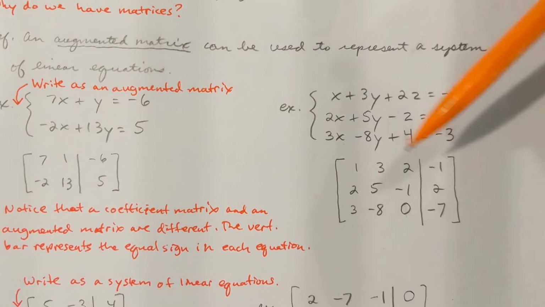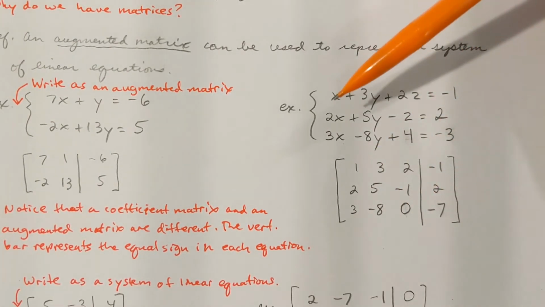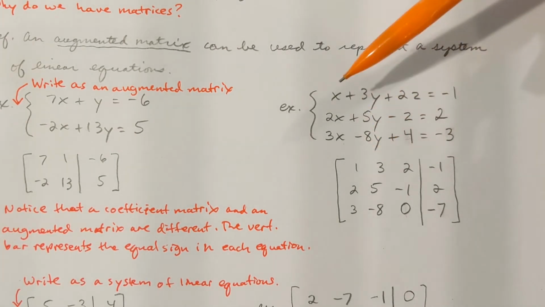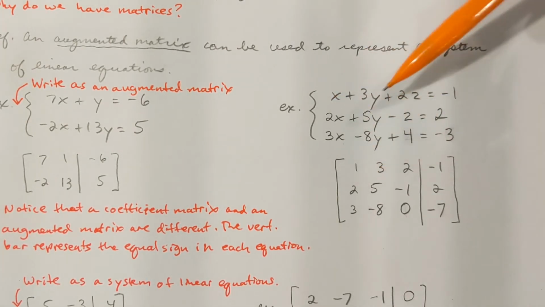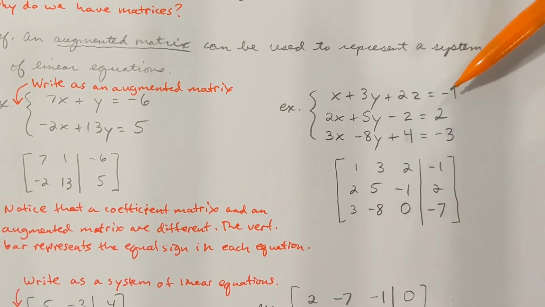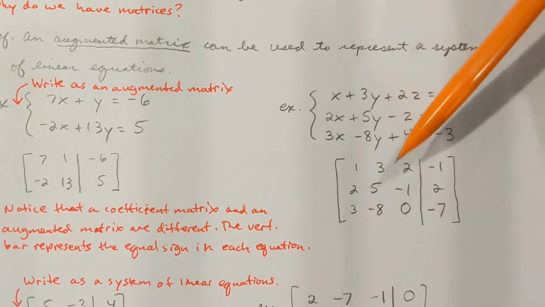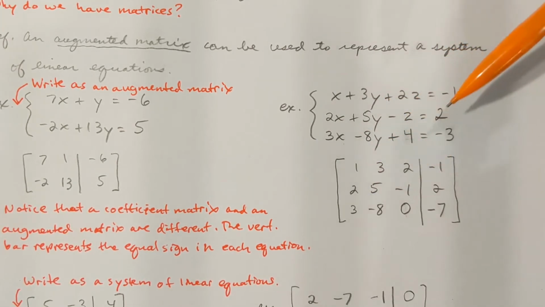I'm going to write it as an augmented matrix. I've got 3 equations, so I'll have 3 rows. And in the top row, I've got a 1 in front of x, a 3 in front of y, a 2 in front of z, and a -1 in the coefficient column. In the second row, I've got a 2 in front of x, a 5 in front of y, a -1 in front of z, and a 2 in the coefficient column.